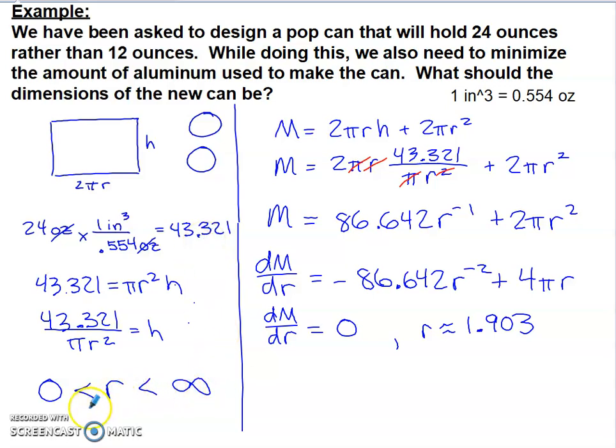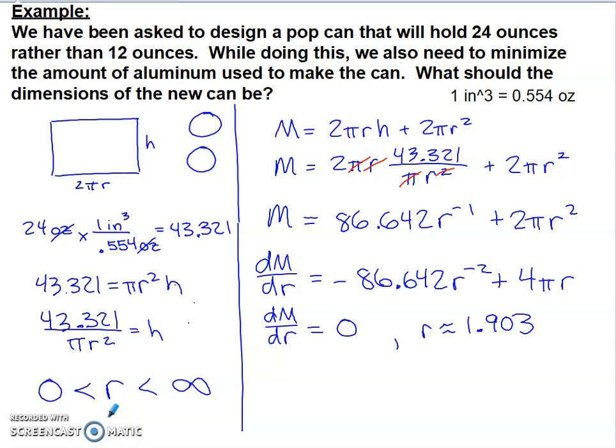Now, those types of cans that I just described, they're not feasible, but there's no theoretical range of values that r has to sit within that includes endpoints here. We should expect a radius somewhere between 0 and 10, I would assume, just based on the volume of this can. But there's no theoretical restriction that requires r be within 2 fixed endpoints. Just has to be positive.